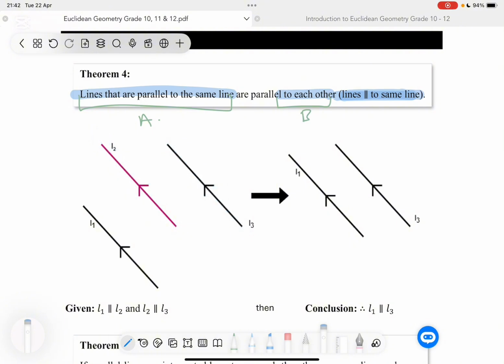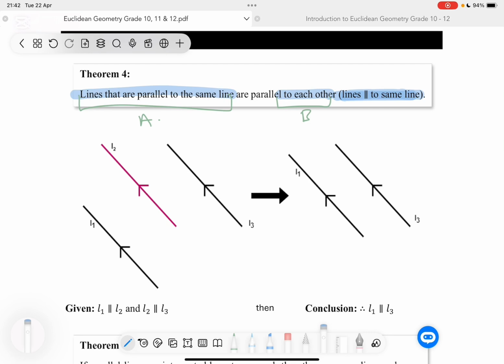So you can see in this situation that we have these two lines, L1 and L3, being parallel to the same line. So they are lines parallel to the same line, right? If that's the situation, we can then conclude that line L1 and line L3 must also be parallel because they are parallel to the same line.